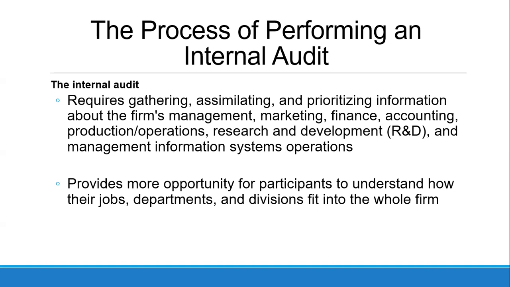Now, prioritizing information about these functional areas provides more opportunity for participants to understand how their jobs, their departments, or their division or unit fits into the whole firm's pursuits, so that each of these functional areas will be able to design their respective strategies that will subserve the attainment of the ultimate strategy of the organization.